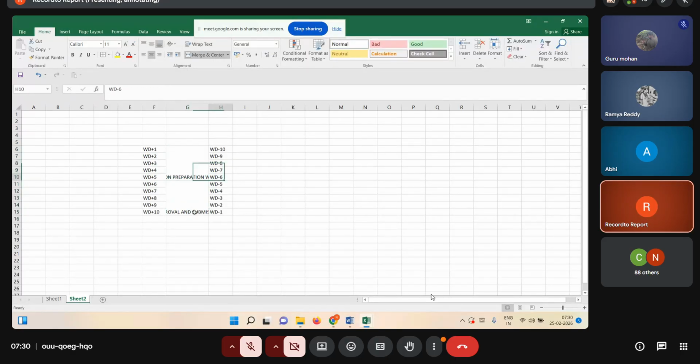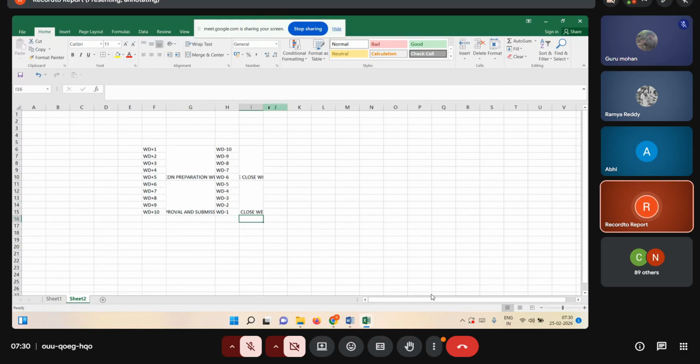The third week in a month will be called the pre-close week. The fourth week in a month will be called the GL close week. So we have around 4 weeks, and the month is divided like this. Clear?